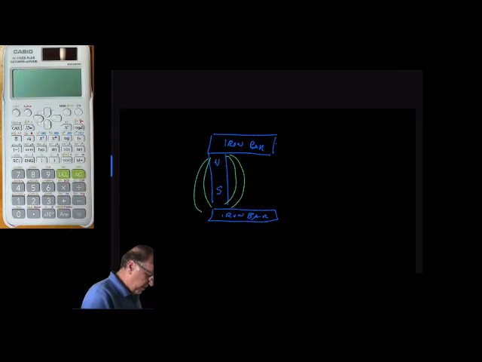Suppose we took out the magnet and made it a large chunk of iron. Let's do this. And touch that up a little bit.